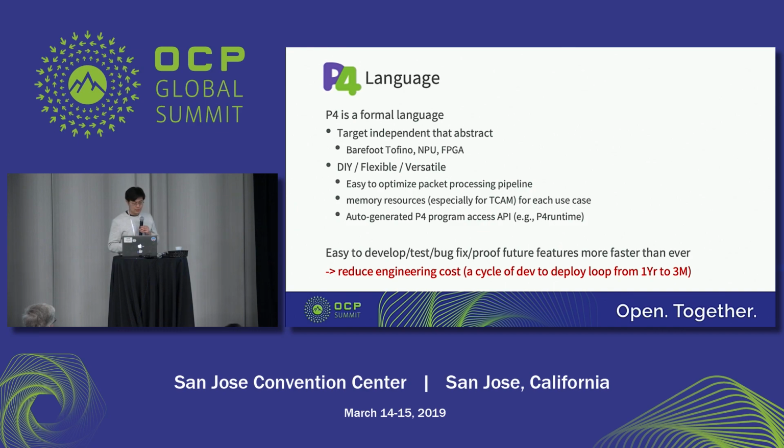One reason is that it is target independent, abstracting vendor specific hardware chips, NPU and FPGA. So our network packet broker P4 program can be loaded on any type of target, depending on the traffic volume to process. And another one is the P4 language itself.